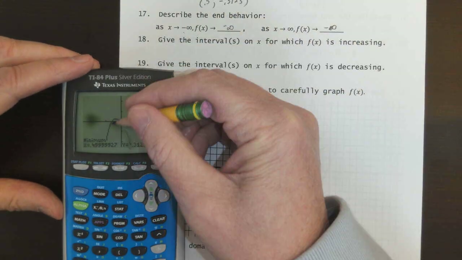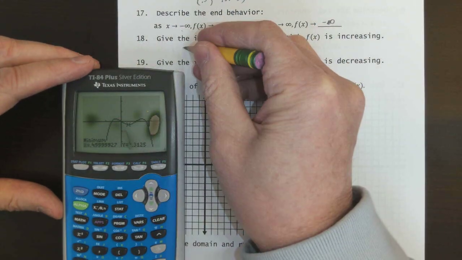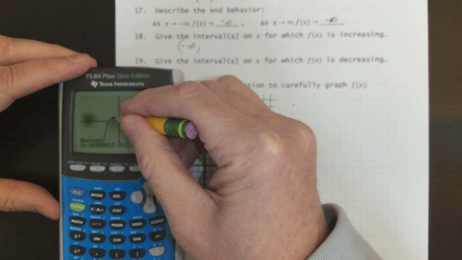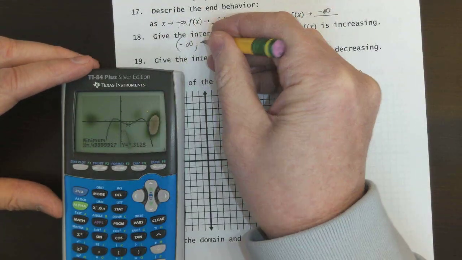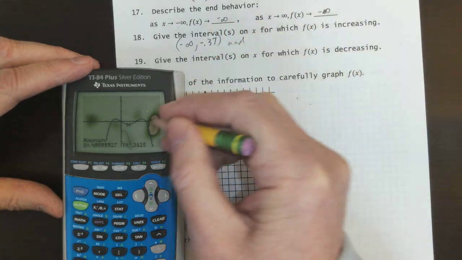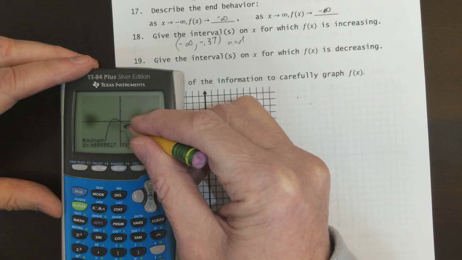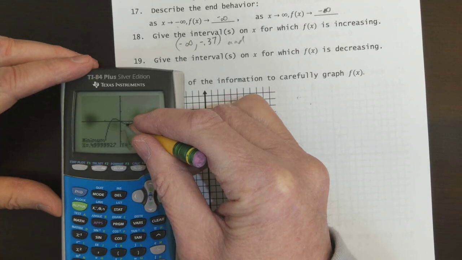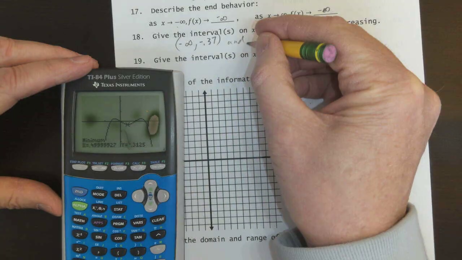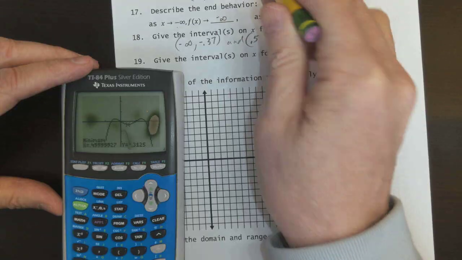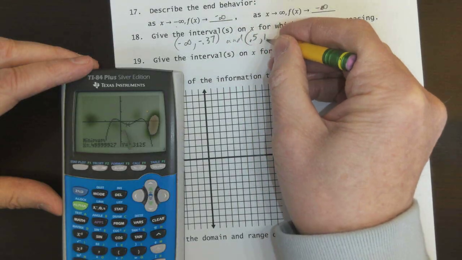And I'll just use those x-coordinates from negative infinity until I get to the negative 0.37, just the x-coordinate. And from that point, which is the minimum here, 0.5 to this point, which is 1.37.